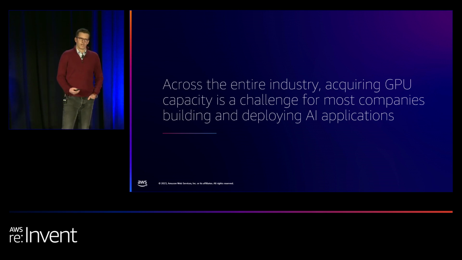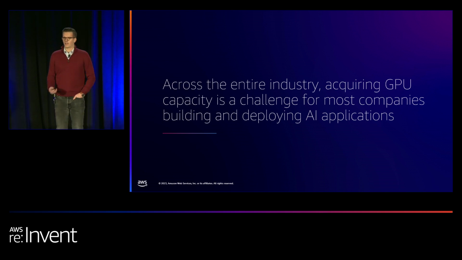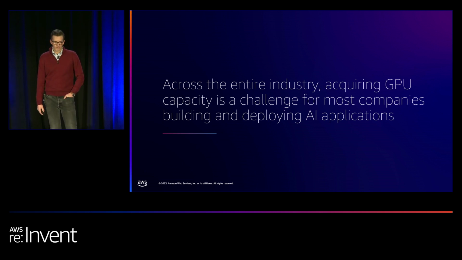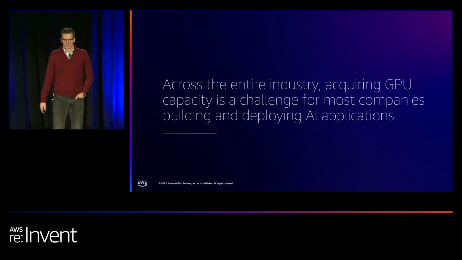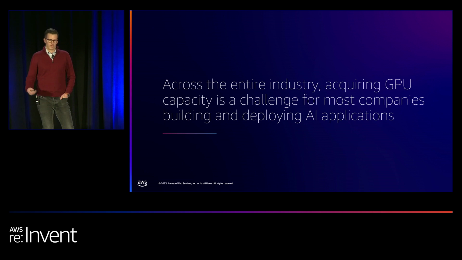So this growth in demand has really outpaced supply of GPUs across the entire industry, making GPUs a scarce resource pretty much anywhere you go. As a result, it's been really hard for customers anywhere they go to get access to GPUs just when they need them.